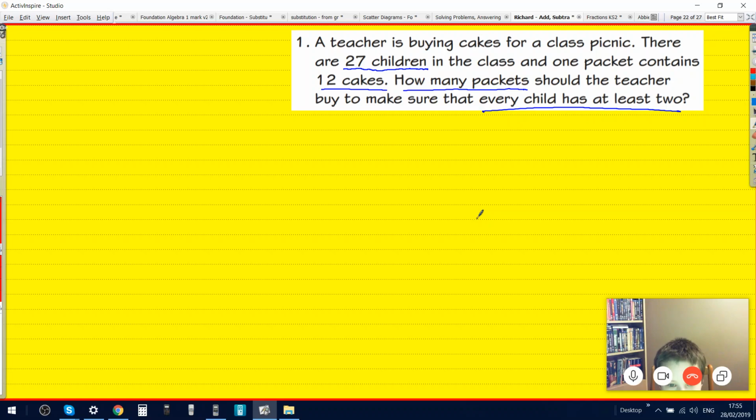So I would start by, so you have 27 kids, you need 2 cakes per child. How many cakes do you need?